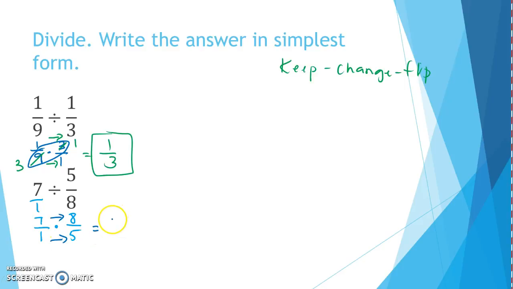And I'm going to get 56 over 5, which is an improper fraction, so we need to see how many times 5 can go into 56 evenly. And we're going to get 11 times, which is 55, and then 1 left over, so 11 and 1/5.